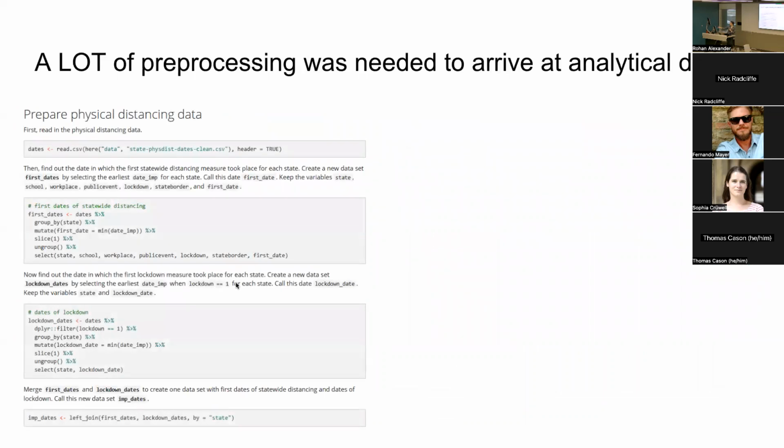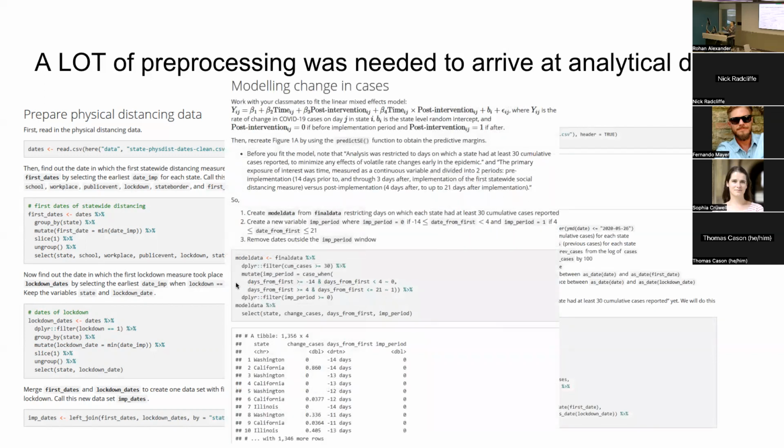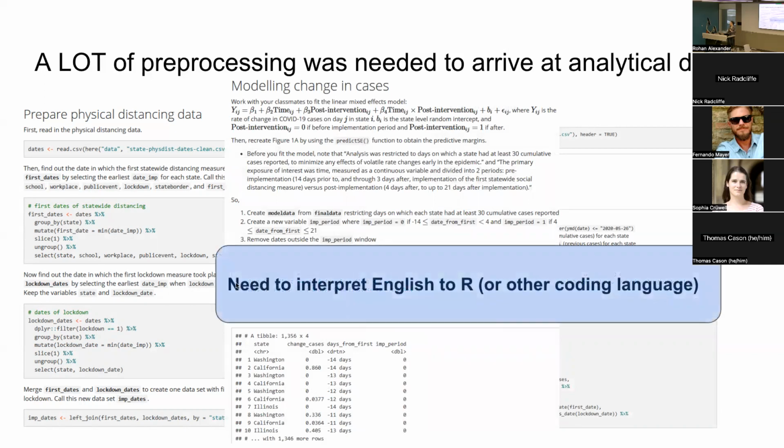We have to pre-process the COVID-19 cases data, and then also the physical distancing implementation data first, and then merge the 2, and then still do more pre-processing to arrive at the final data. So, we need to interpret English to R to be able to reproduce anything, right? Or other coding language of interest.